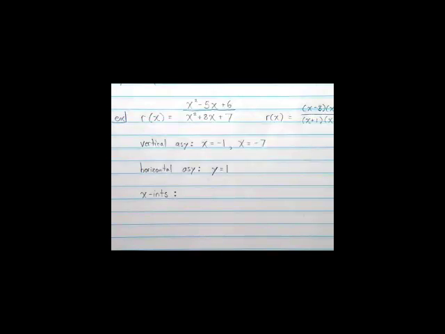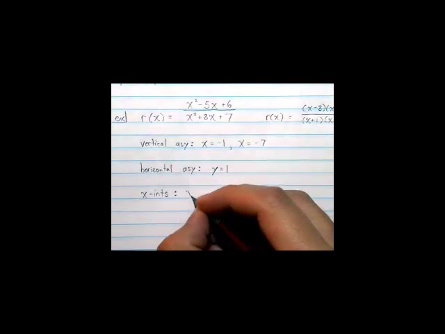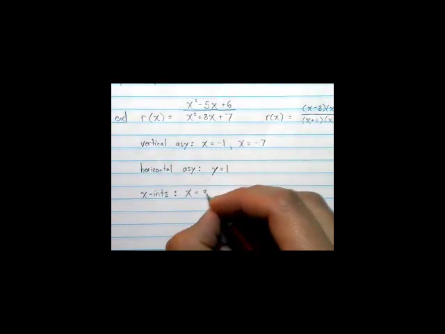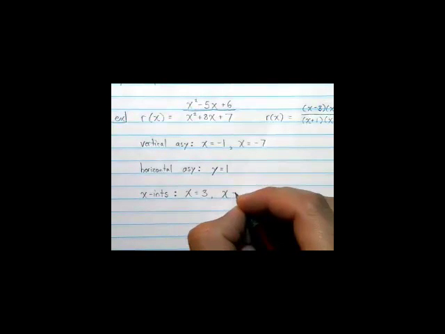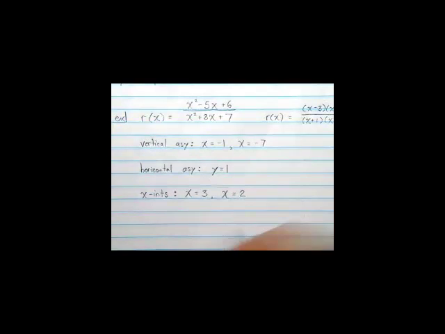F of x is the numerator. Where is that equal to 0? 3 and 2. Yep. So do you see how the vertical asymptotes and the x-intercepts you can just read right off of this thing once it's factored? That's why we did that. So x equals 3, x equals 2.